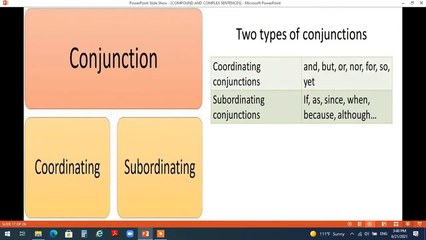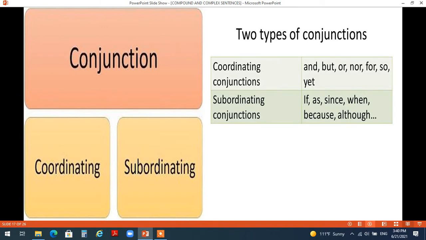Now, regarding the two methods which can be used to enlarge a simple sentence or a clause, we can find that there are two types of conjunctions. Either we have a coordinating conjunction, in this case we have a compound sentence, or we have a subordinating conjunction, and in this case we have a complex sentence.